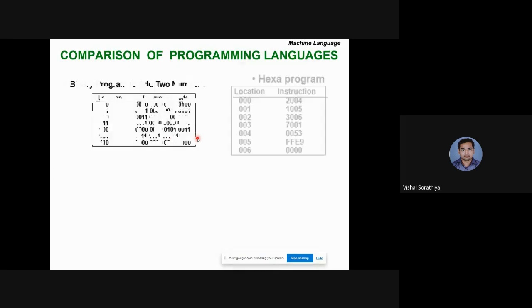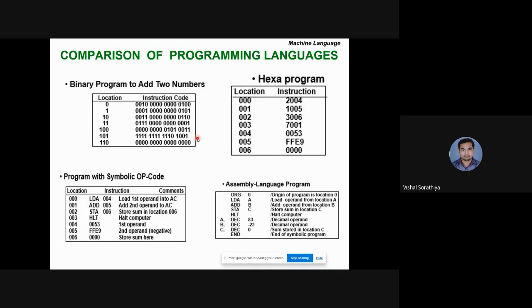So what is a comparison of the languages? As I have told you, this is a binary program to add two numbers. There are some instruction codes. There is a hex program, which will look like this. If there is a program with the opcode, it will look like this: LDA something, ADD, STA, HLT. An assembly language program will be like ORG, and then LDA, ADD, STA, HLT.